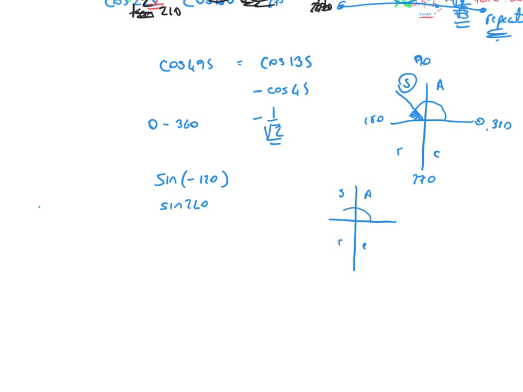So 0, 90, 180, 240, 360. I'm in the tan quadrant, sine is negative in the tan quadrant, and the acute angle this time is 60 degrees. Minus sine 60, sine 60 is root 3 over 2, so that's minus root 3 over 2.